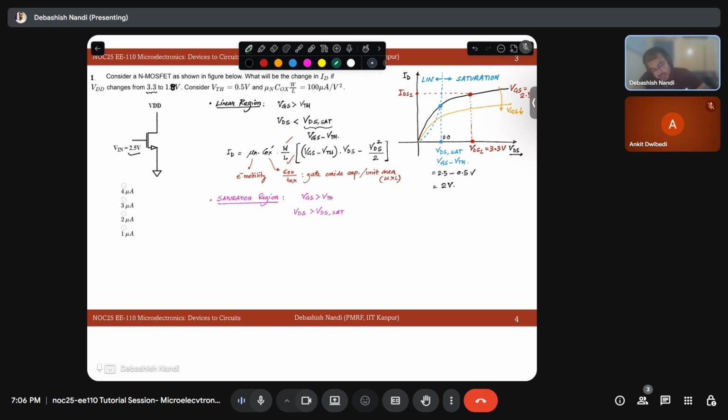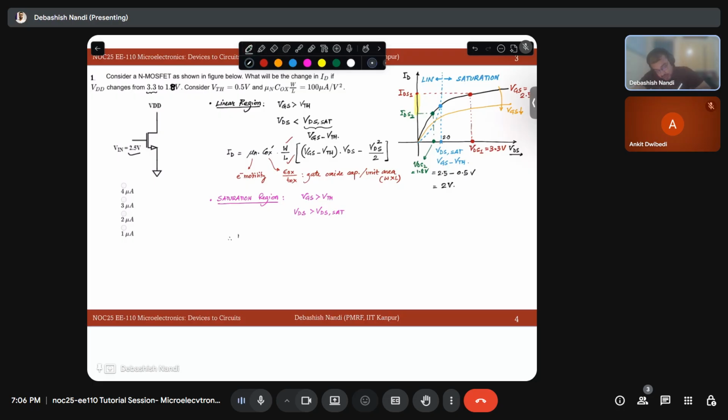The next point is 1.8 volt, which is below this point. This is VDS2 equal to 1.8 volt, and the corresponding current is IDS2. What they are asking us to calculate is this difference from IDS1 to IDS2. So we need to calculate IDS1 and IDS2.